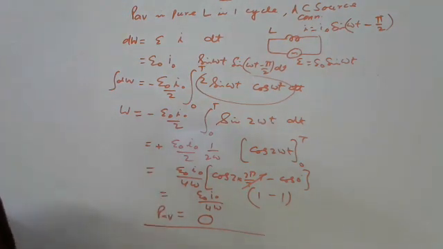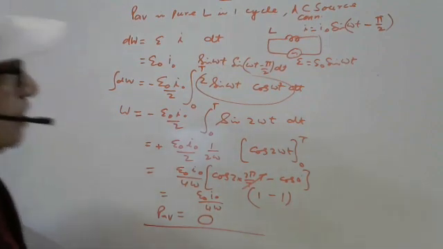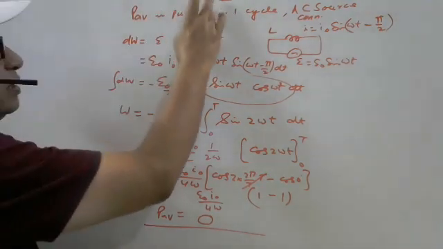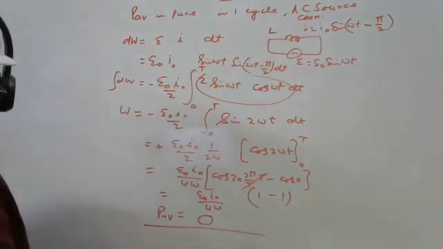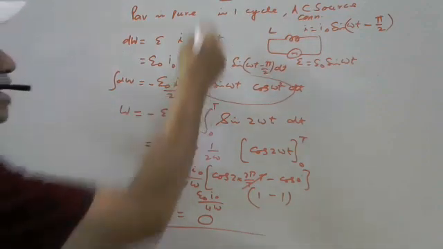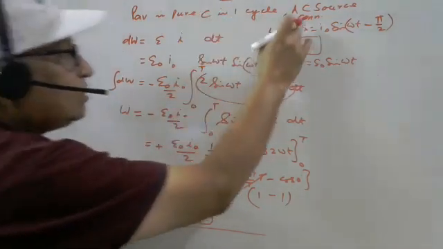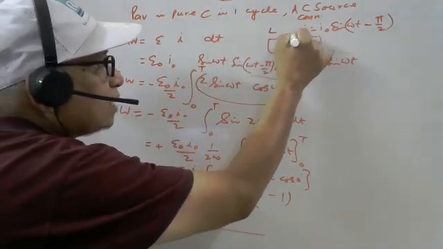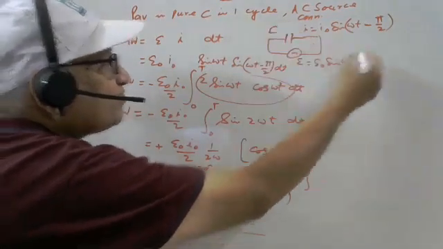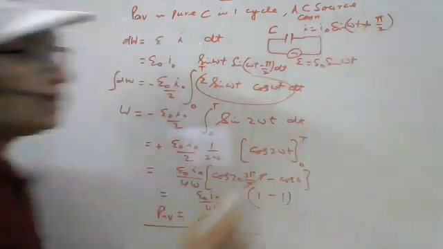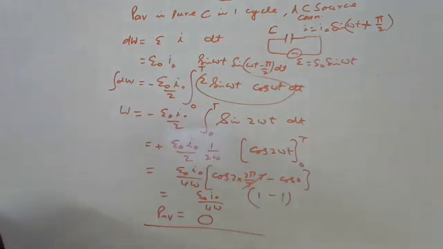Any doubt in this discussion? We have discussed this. Now we are taking say pure capacitance. We have not discussed this one, but it is as simple as L. Here we are taking say capacitance C, and it is say current is leading the voltage.